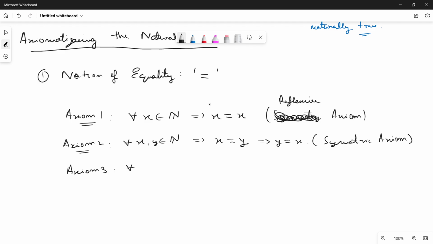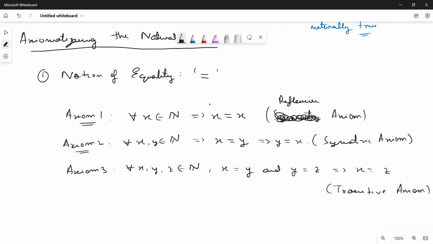Then we move on to axiom number 3: for all x, y, z in natural numbers, if x equals y and y equals z, then x is equal to z, and this is called the transitive axiom.